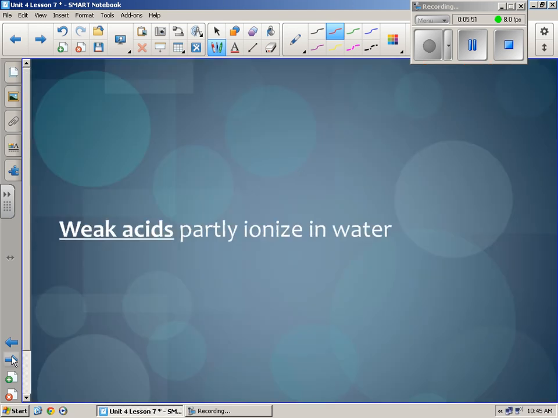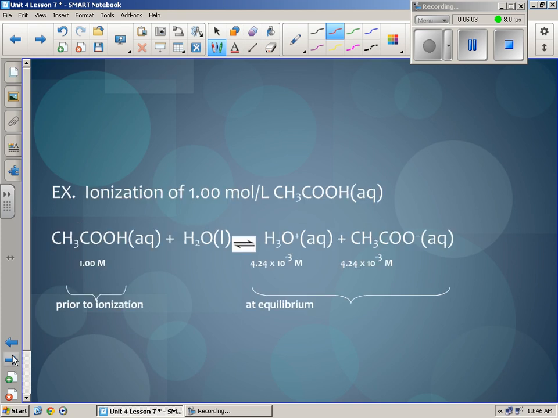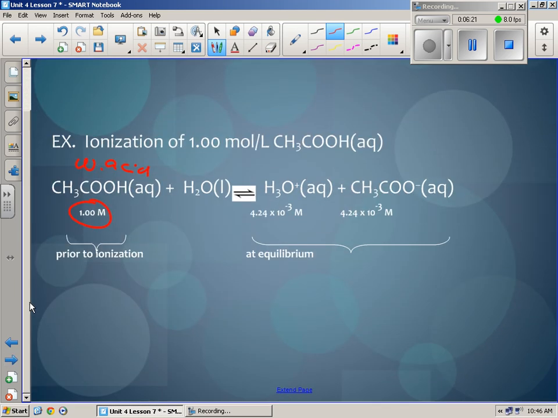Now, a weak acid's only partially ionized. So what we just did with that strong acid, we can no longer do with a weak acid because we don't have 100% ionization. If you look at 1 molar acetic acid, this is actually what happens. If I took 1 mole of acetic acid, which is a weak acid, by the way, and put it into water, first things first, it's a double arrow.